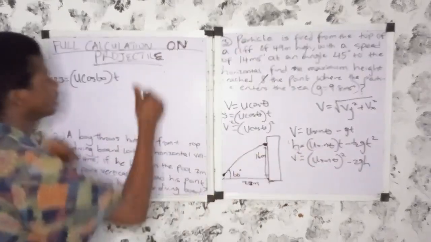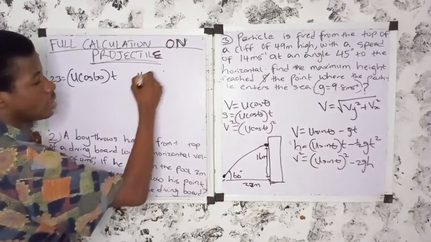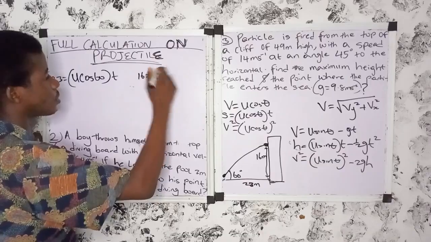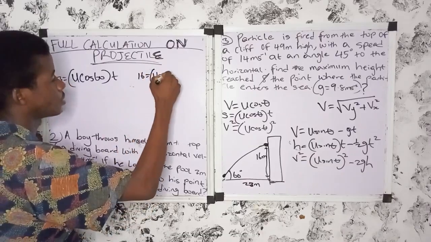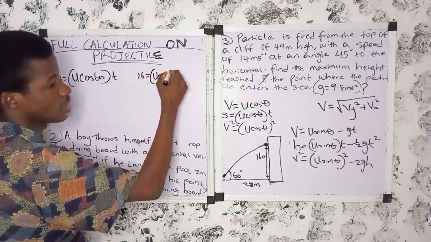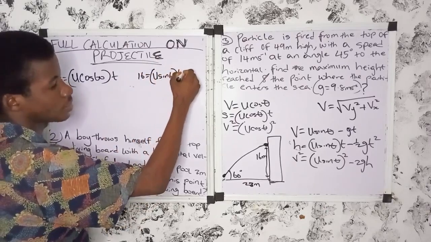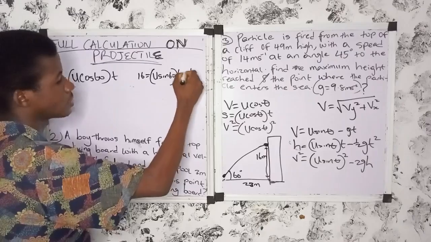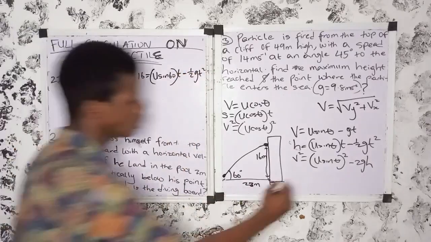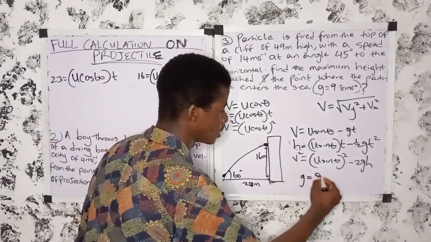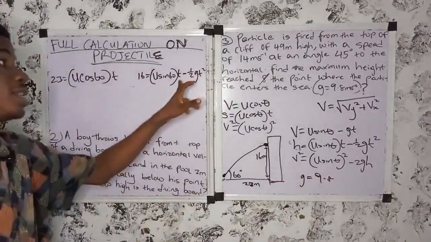Our height is 16, right? So 16 equals, bracket open, U, we don't know U, sine 60, bracket close, t, then minus half g t squared. Remember, g is 9.8.